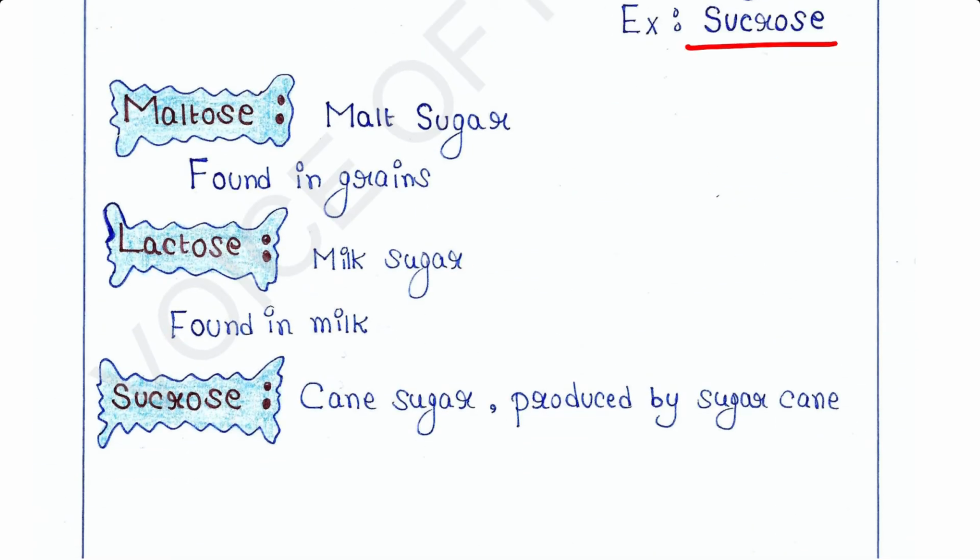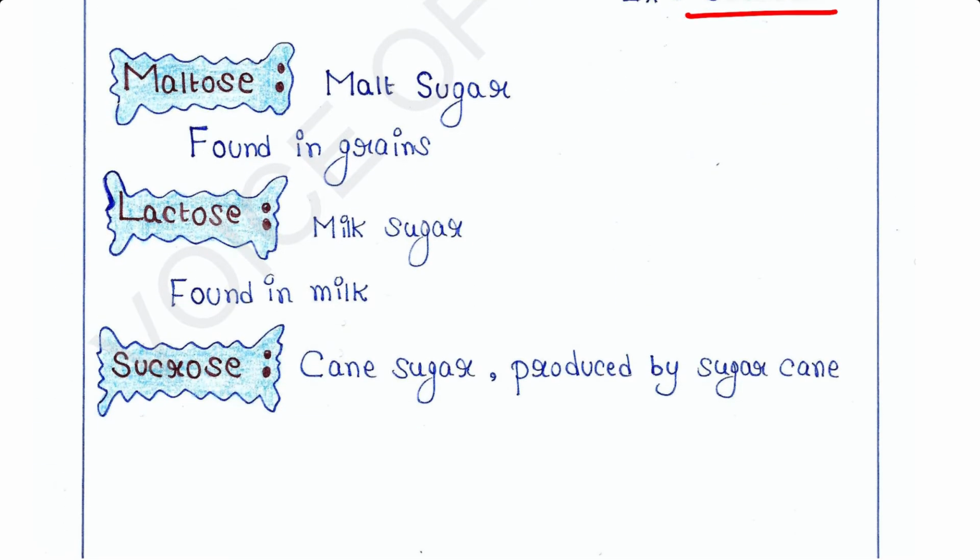So we will see them now. First is maltose. Maltose is also known as malt sugar and is primarily found in grains.